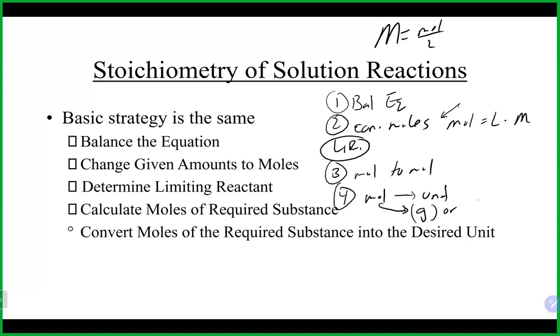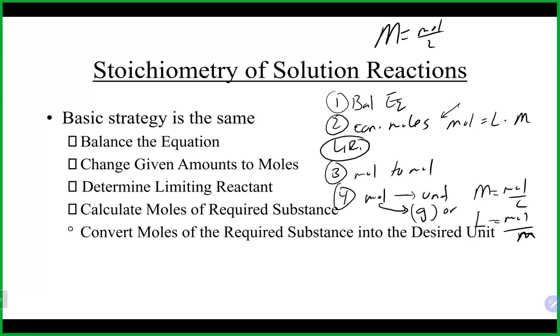In a lot of cases, you may actually solve for the molarity like we did in those titration problems or experiments. You may be given the molarity and solve for the volume, which is another popular ending. So those are your three endings.